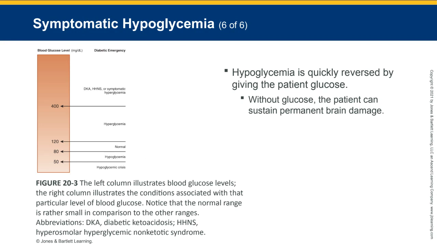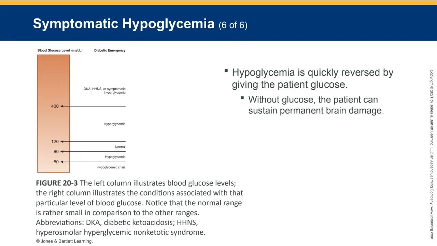Now this diagram is a nice little chart showing the extreme ranges and the normal ranges for the blood sugar. So anything below 80 milligrams per deciliter can cause hypoglycemia or hypoglycemic crisis or insulin shock.